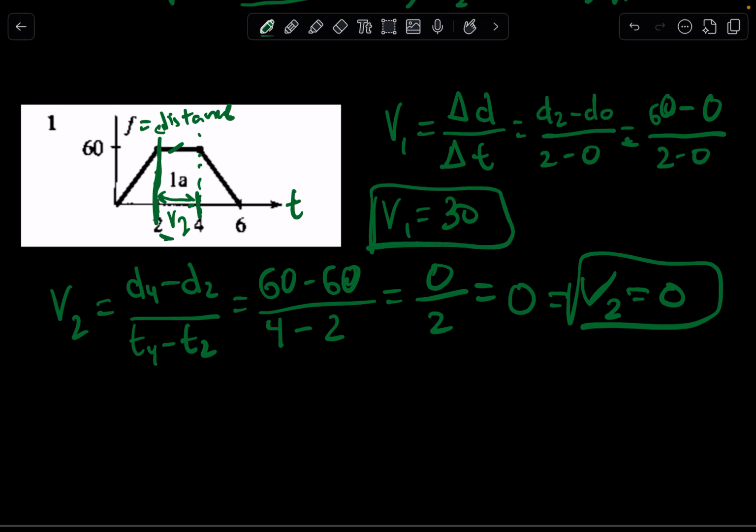And similarly, we can do something similar to find the velocity 3 in this segment of time, right? So now we're more familiar with this, so I'm just going to go pretty fast here.